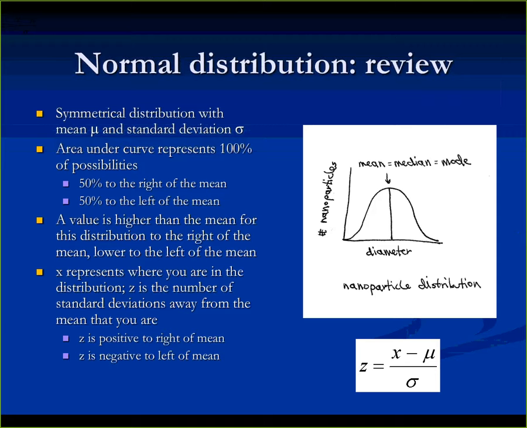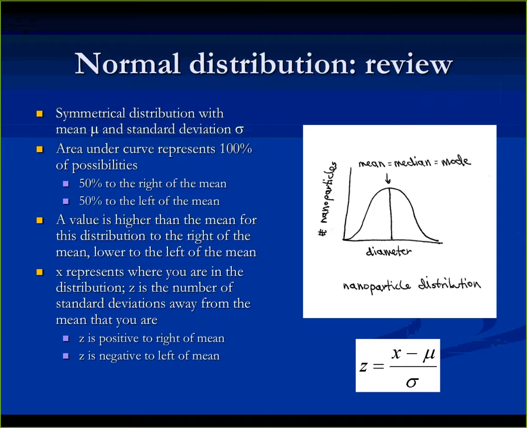But if you draw a line down the center of that, 50% of the area under your distribution is to the right of the mean, and 50% is to the left of the mean. And so probably the key to these problems is trying to figure out kind of where you are along this distribution.